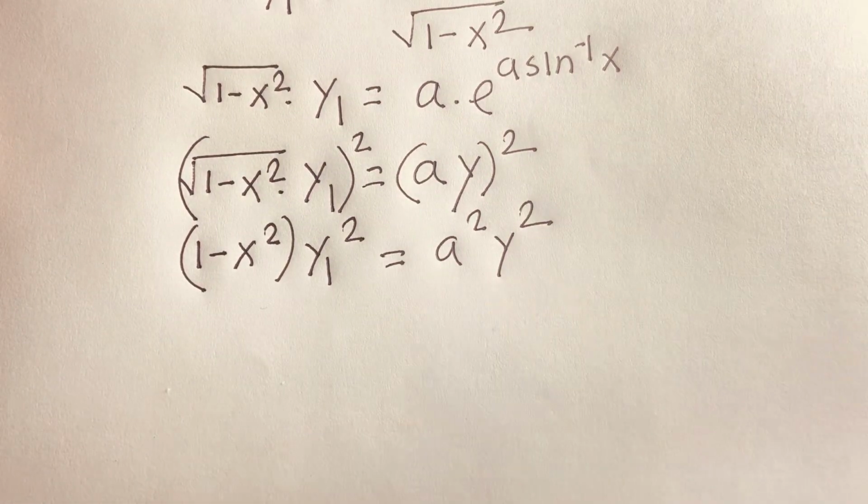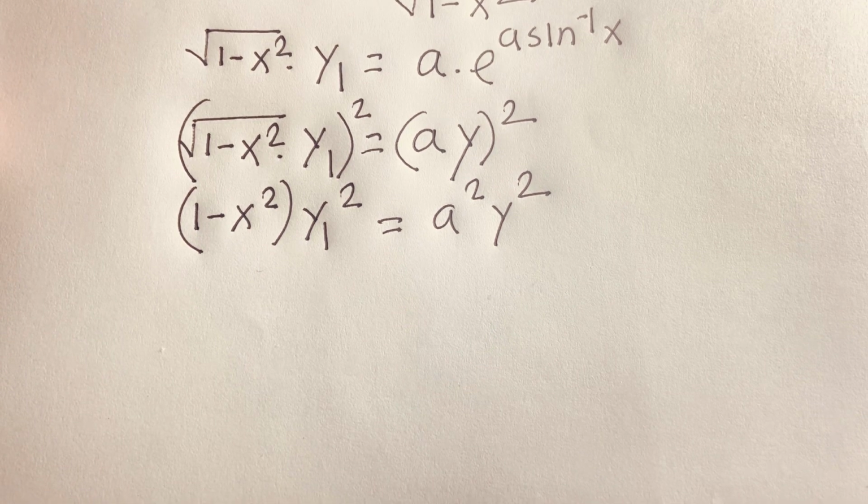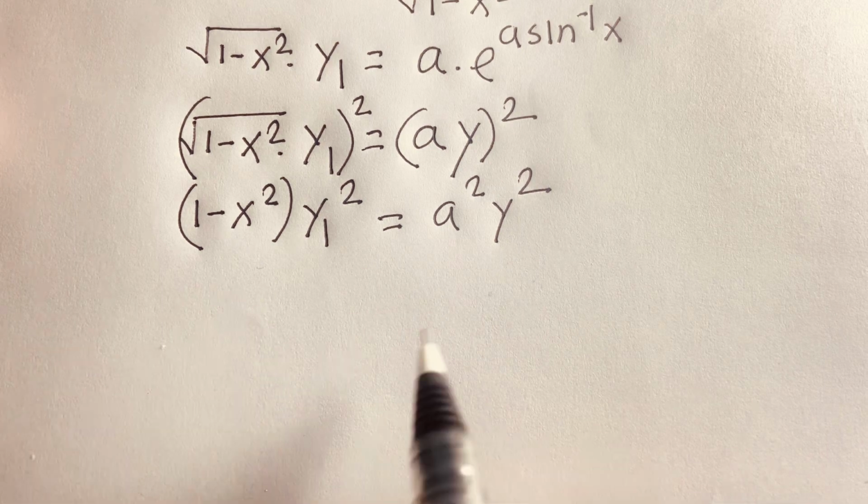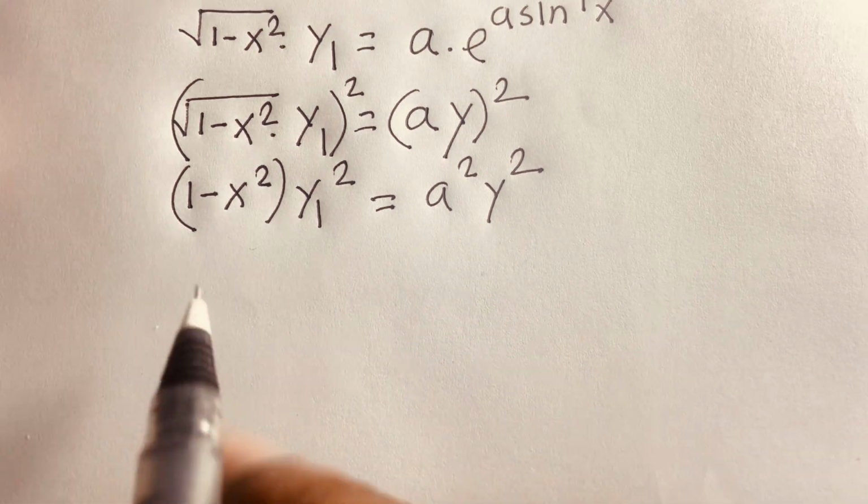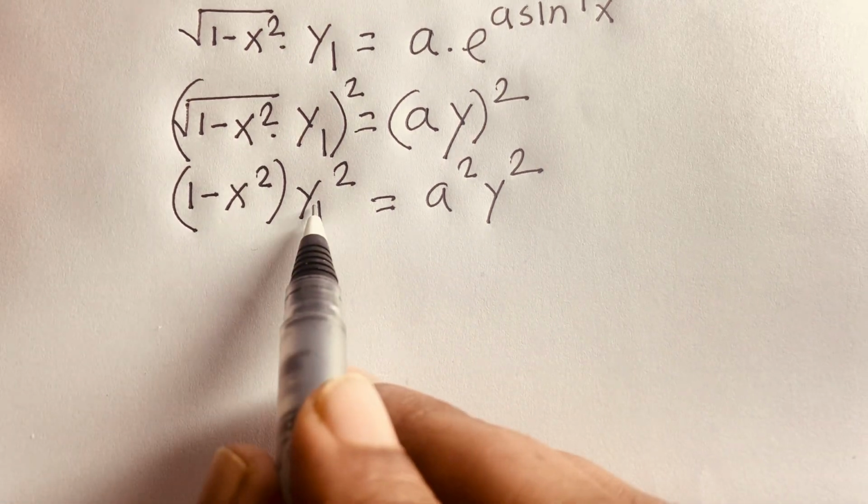Then if I take the derivative of both sides again, here is u and this is v.